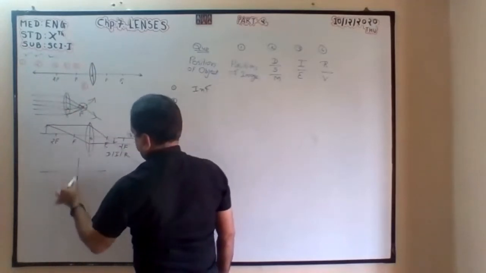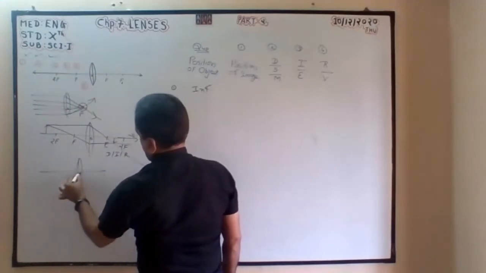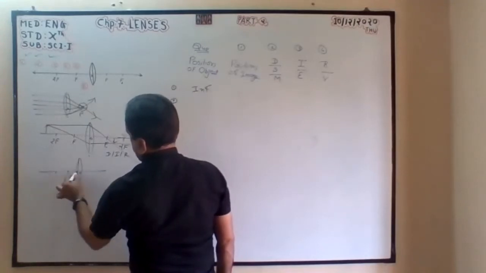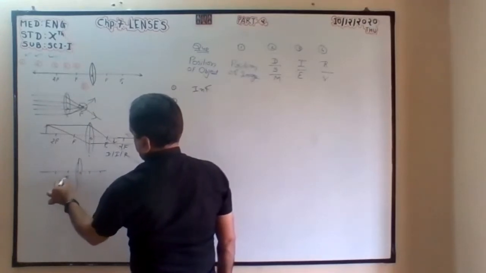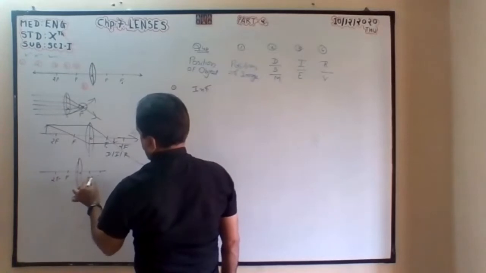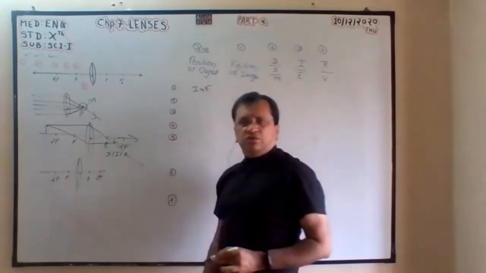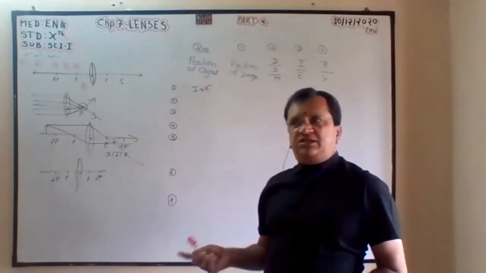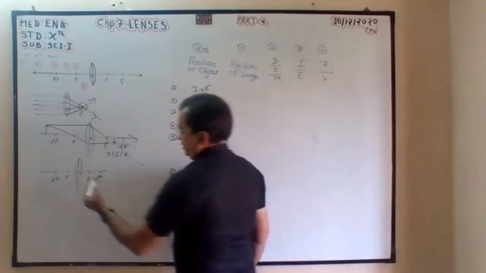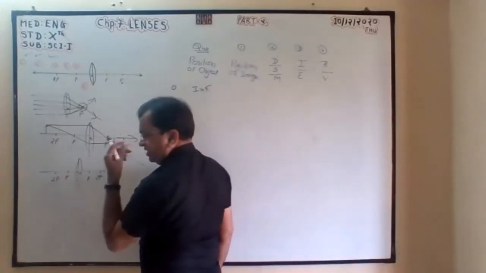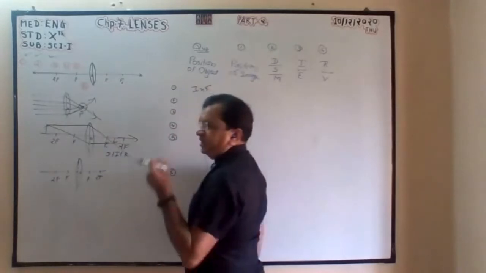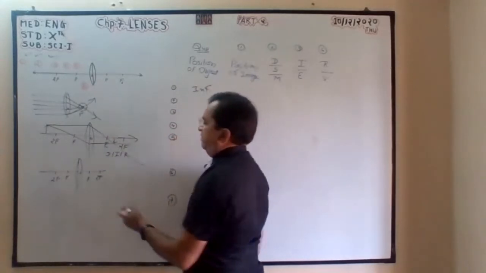The object is at 2F. O, F, 2F. No need to manipulate it, the answer will come automatically. So this distance should be exactly equal. There should not be a difference of even 1 millimeter.